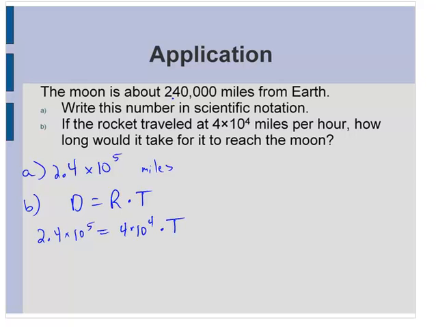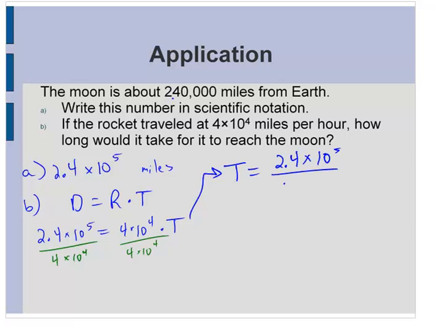And we wish to know the time. So let's divide through both sides by 4 times 10 to the 4th. See, now here's where scientific notation is nice. So the time would be 2.4 times 10 to the 5th over 4 times 10 to the 4th.